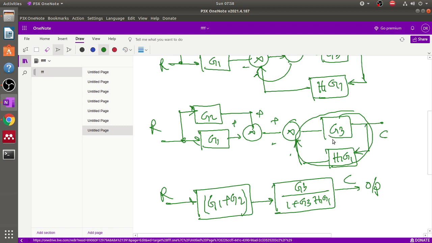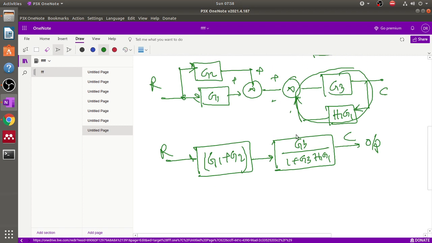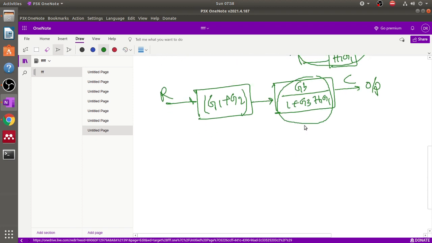For the unity feedback system, the equivalent block looks like this: G3(s) divided by 1 plus G(s) into H(s). Now these two blocks are in cascade operation; these are the series rules basically. So C by R means this into this. This is very simple.